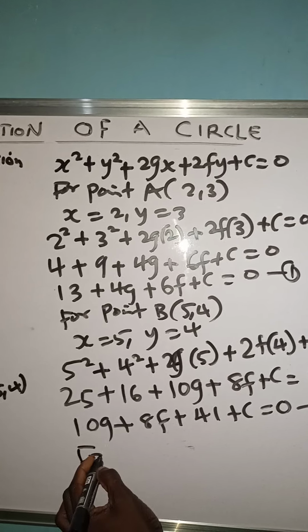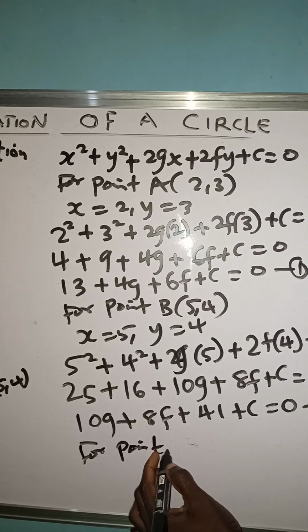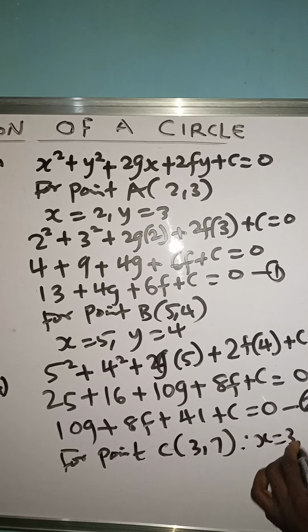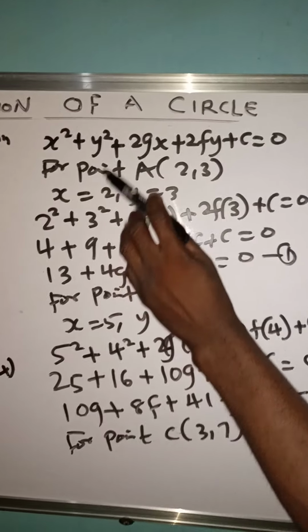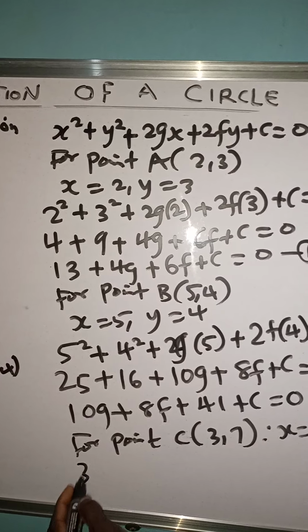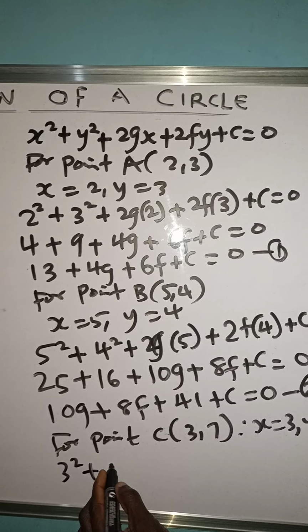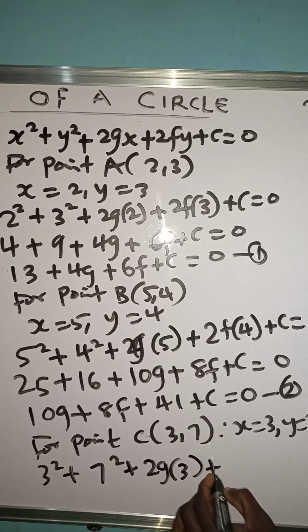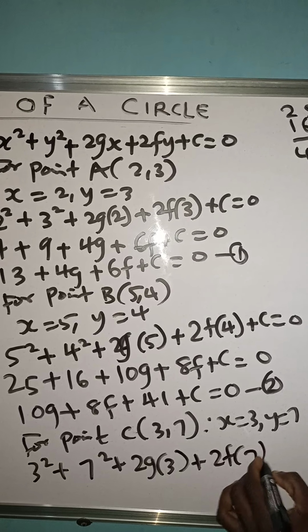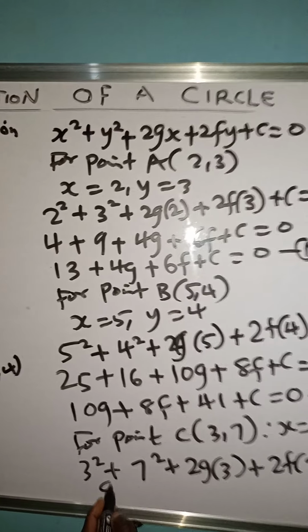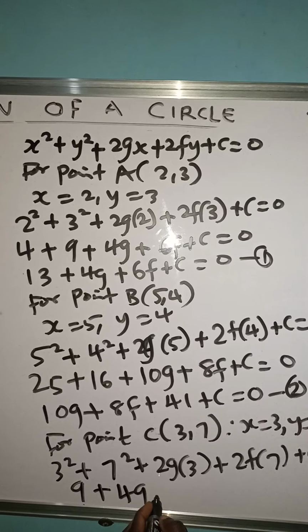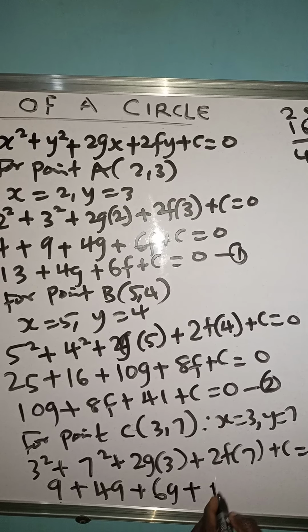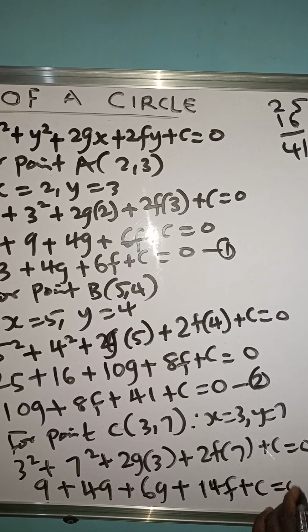And for point C, (3, 7), that means that x is 3 and y is 7. Substitute into the general equation of a circle: x squared, that's 3 squared, plus y squared, which is 7 squared, plus 2gx, x is 3, plus 2fy, that's 2f times 7, plus c equals 0. 3 squared is 9, plus 7 squared is 49, plus 2 times 3, that is 6g, plus 2 times 7 is 14f, plus c equals 0.